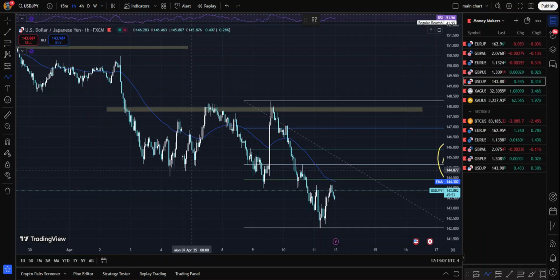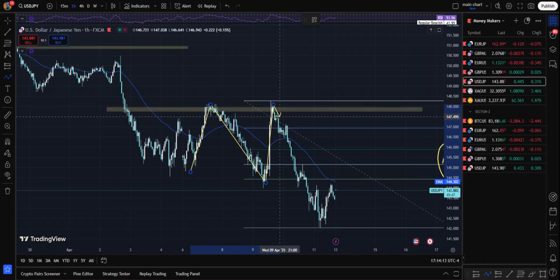A double top is basically an M. We have the top, the neckline, and the top again, and then the push below the neckline. And then what usually happens sometimes is a retest of the neckline right here.